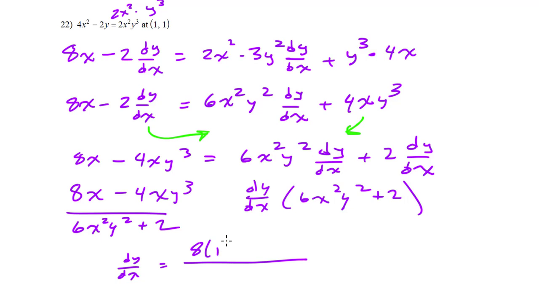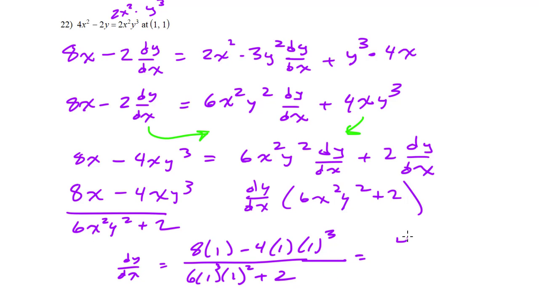So 8 times 1 minus 4 times 1 times 1 cubed over 6 times 1 times 1 squared. Of course, we got to cube that, square that. Doesn't matter because it's 1. And what does that give us? On top, it looks like it gives us 4, and on the bottom, it gives us 8. That gives us a slope of 1/2.